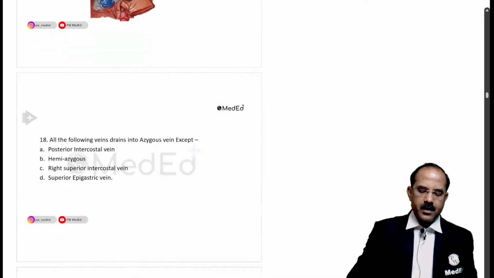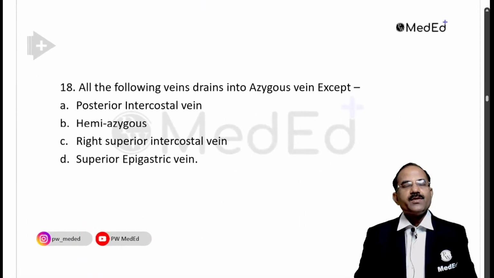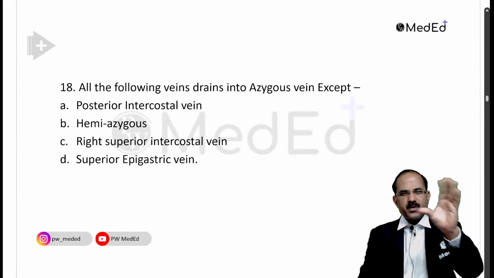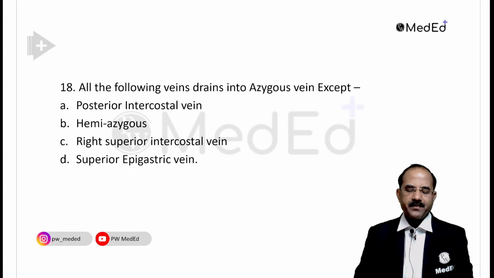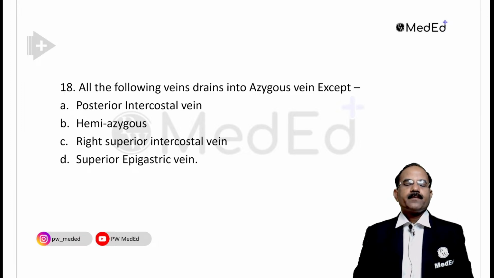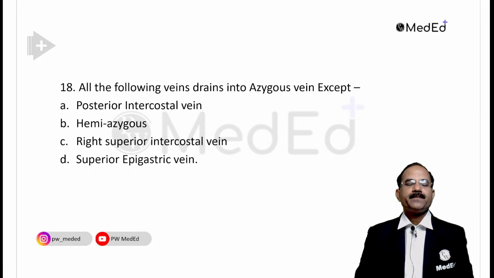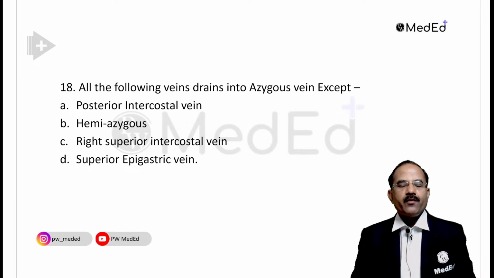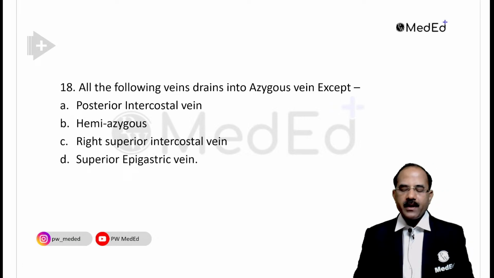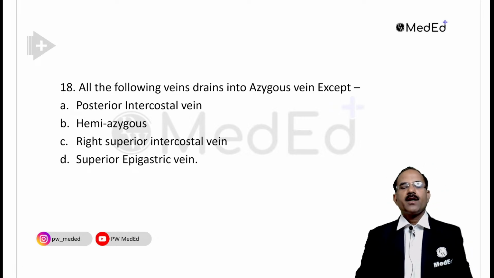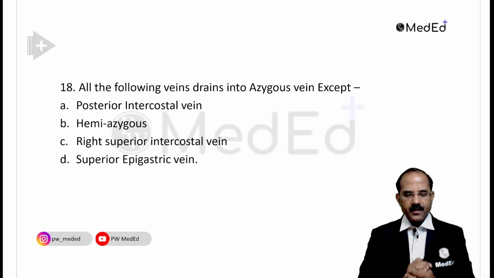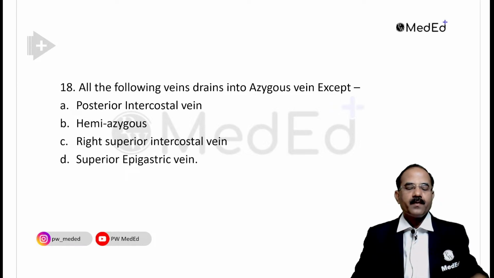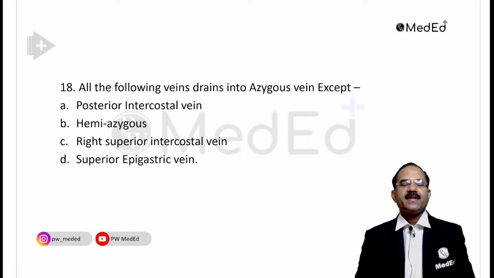See this. All the following veins drain into the azygous vein except. Thorax MCQs are slightly difficult. Students, come on, be with me, answer.